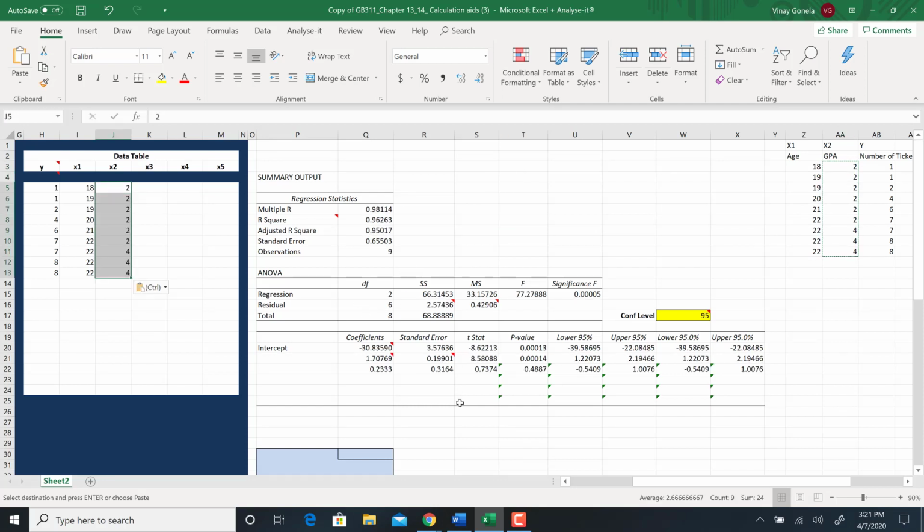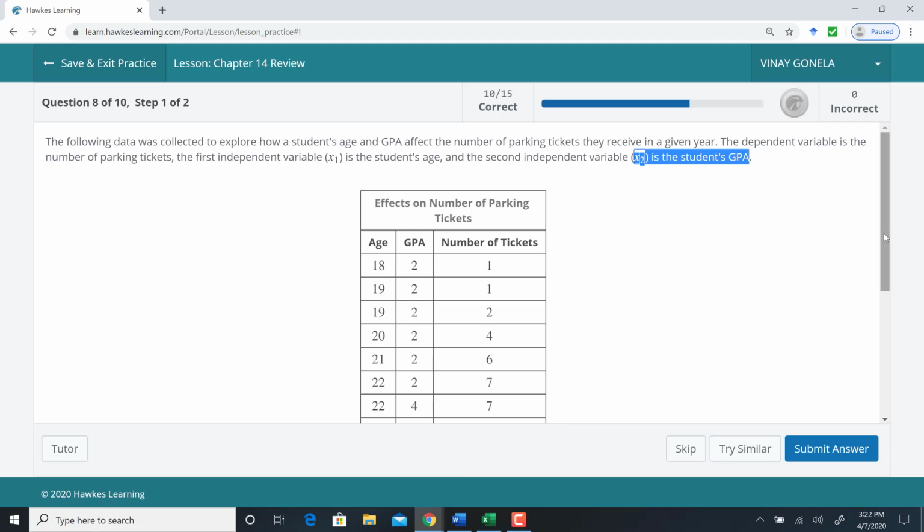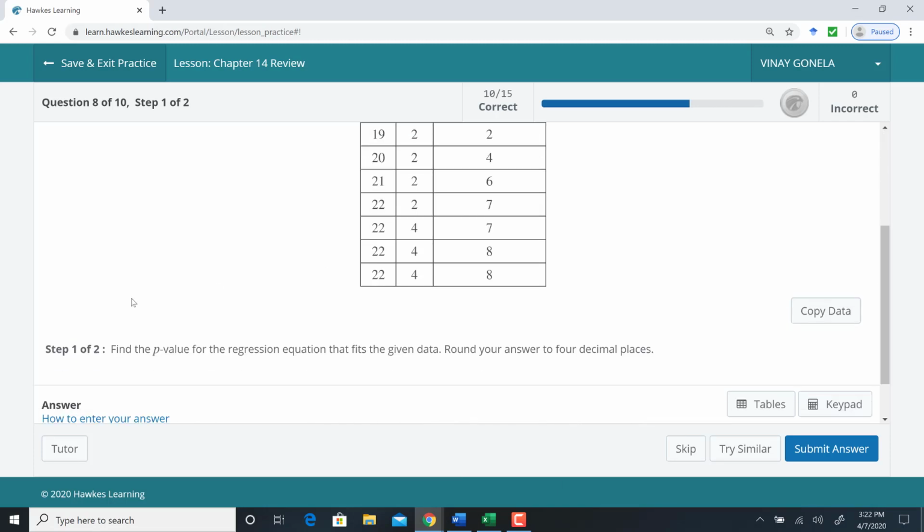They are asking us what the p-value is. The question asks us to find the p-value for the regression equation that fits the data. When they say p-value for the regression equation, that is the entire regression equation, not each variable.